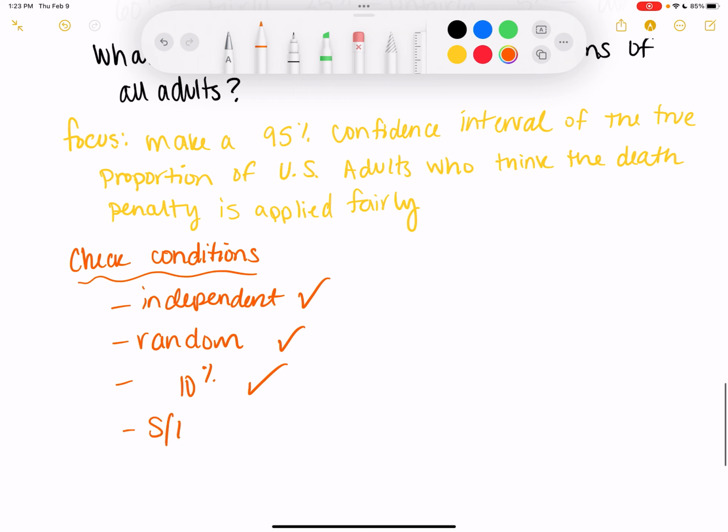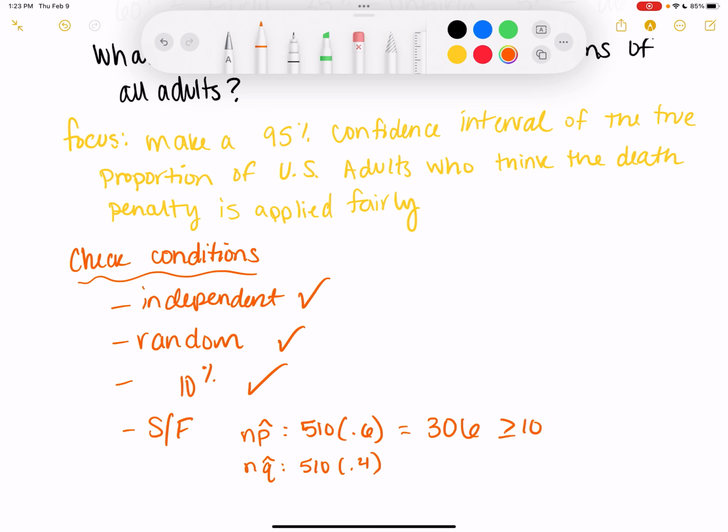Then success/failure. N times P hat, or NP, it doesn't matter how you look at it, is 510 times 0.6. That is 306.